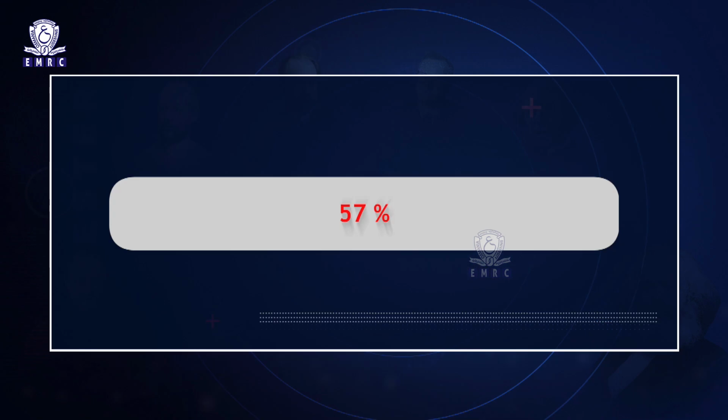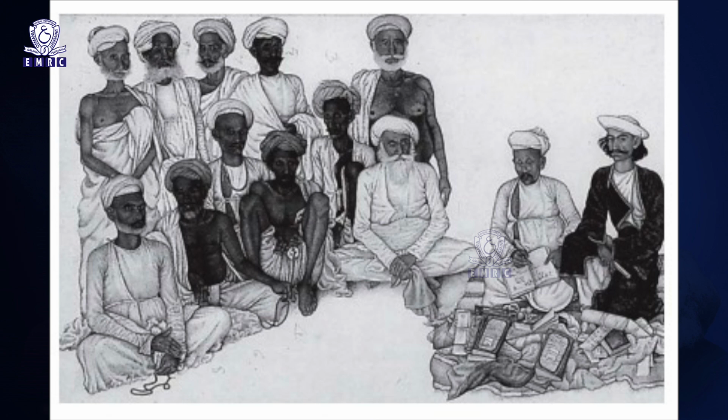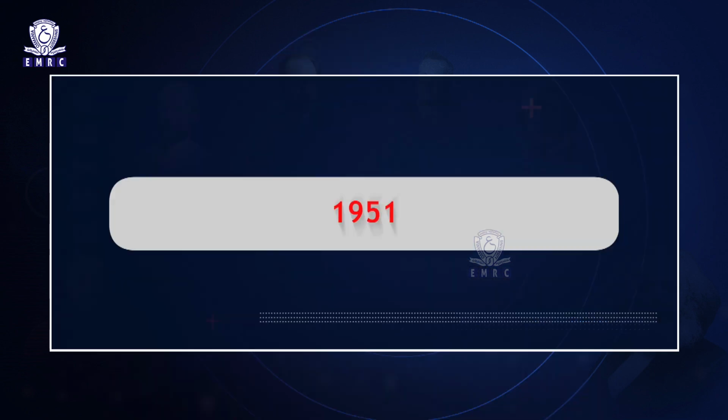Approximately 57% area of the country was under the Zamindari system on the eve of independence. In some states, legislations were passed for their abolition before 1951. However, most of the work relating to enactment of laws and acquisition of areas was carried out during the period of the first 5-year plan.